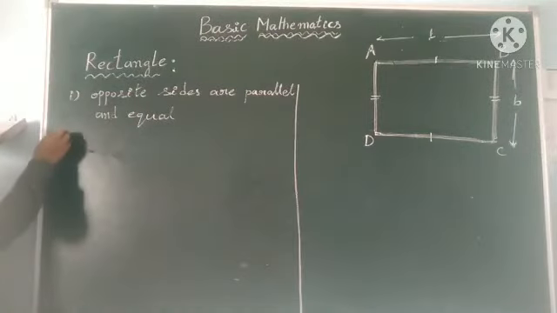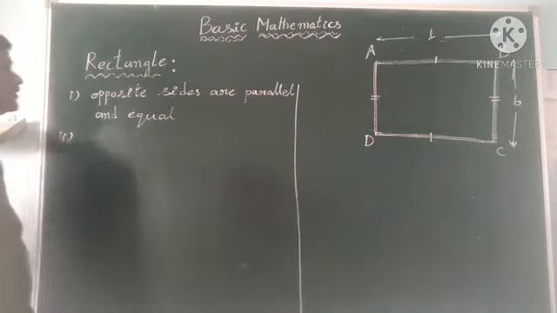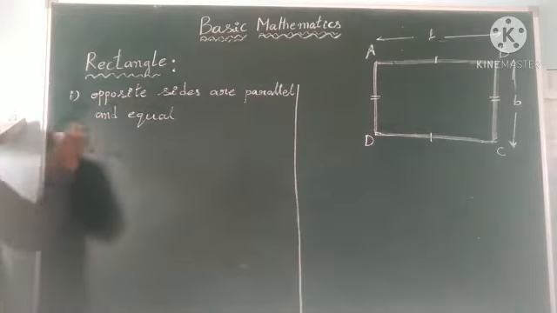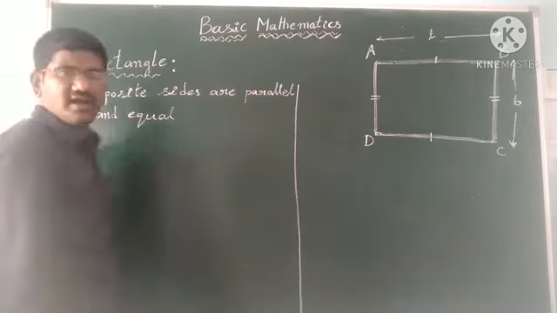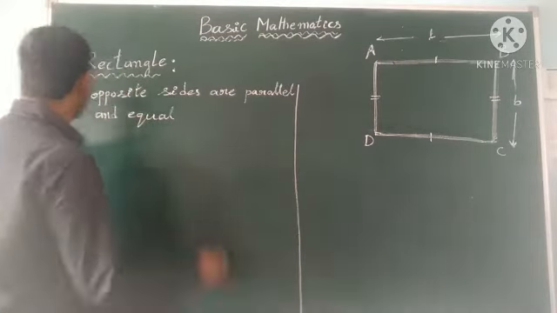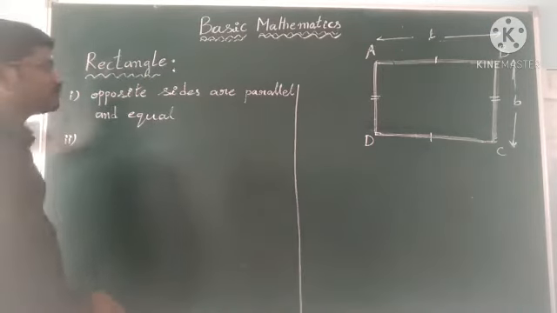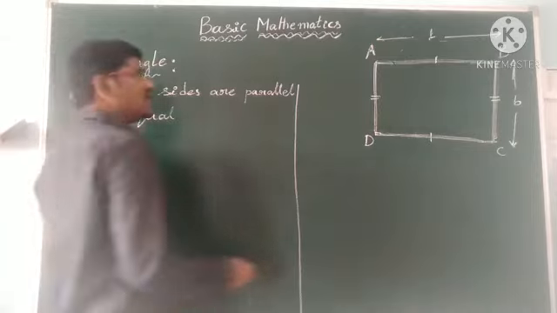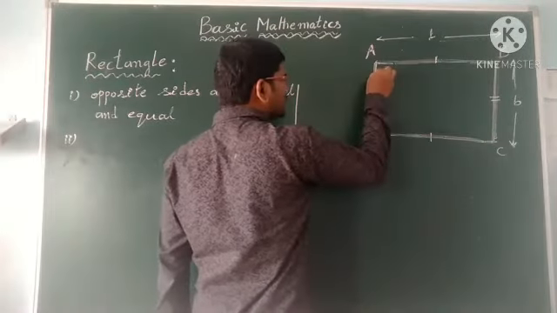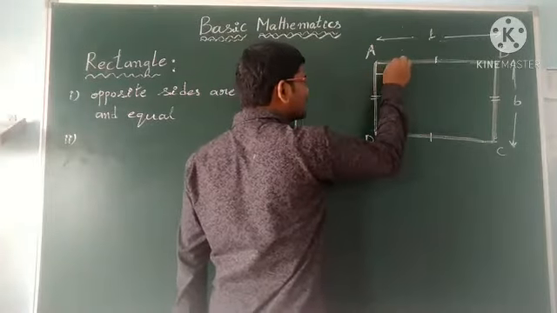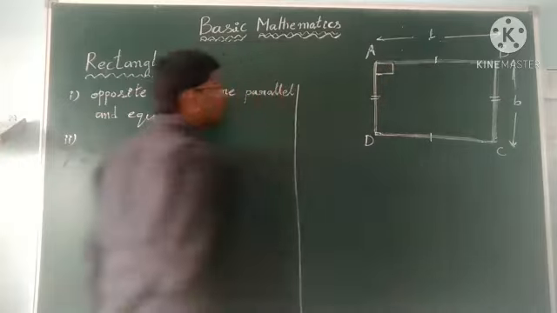So next, the second point. Opposite sides are parallel and equal, we have written, students. So now the second point we are writing. What is the second point, students? Adjacent sides are perpendicular to each other. Like a square only, these adjacent sides are perpendicular to each other.